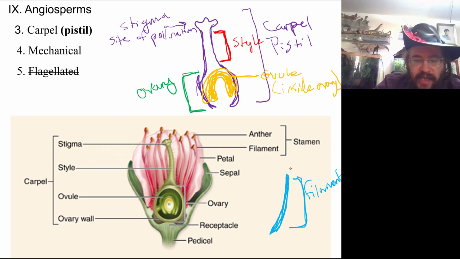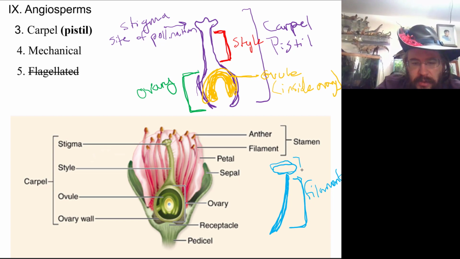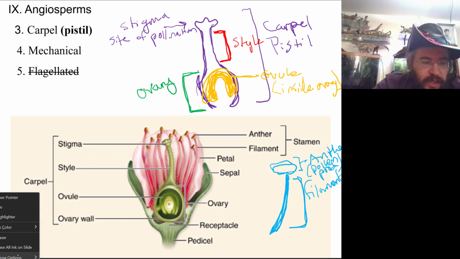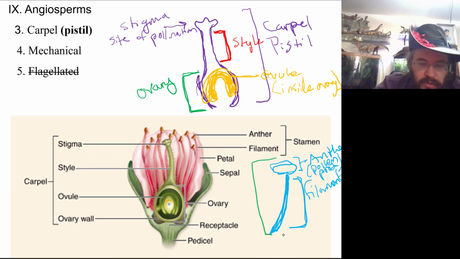And then we have the pollen-producing structure called the anther. Make the pollen. Pollen production happens in the anther. And the whole thing is called a stamen.